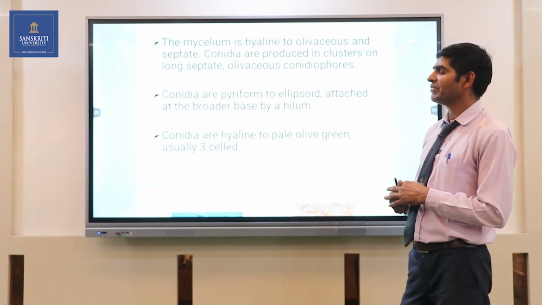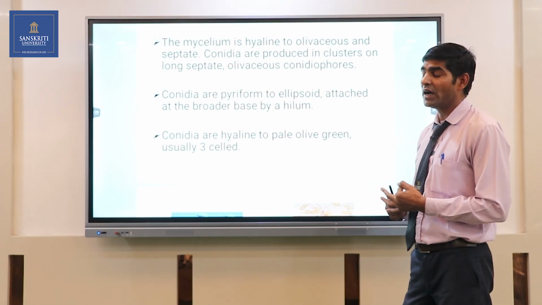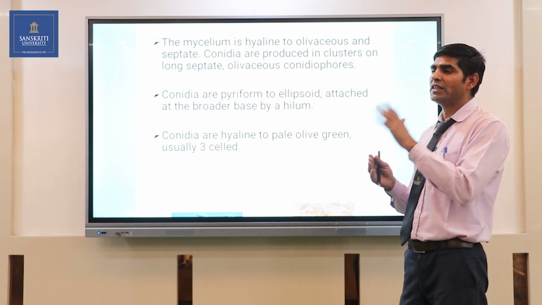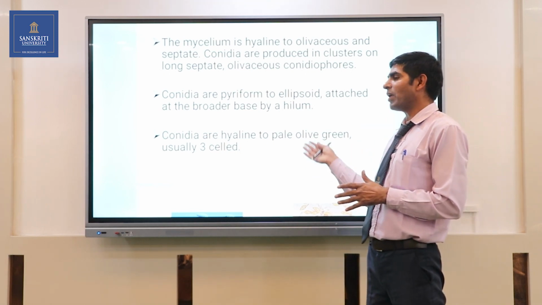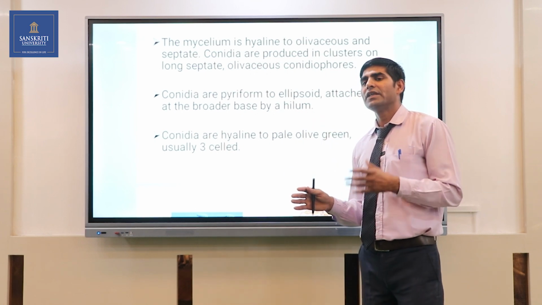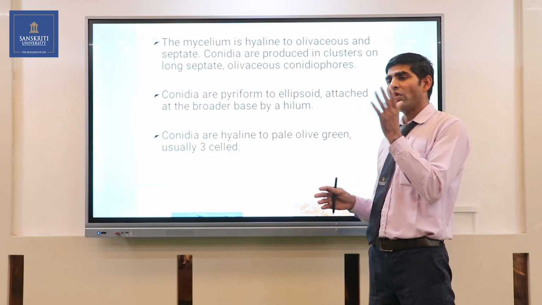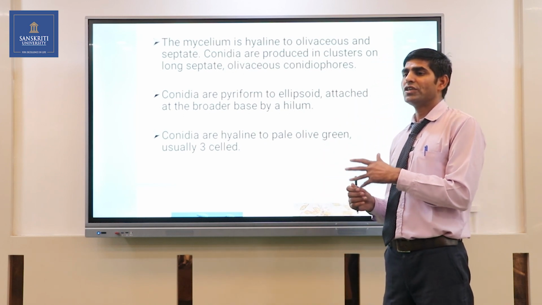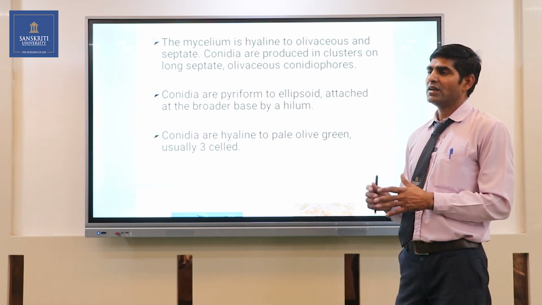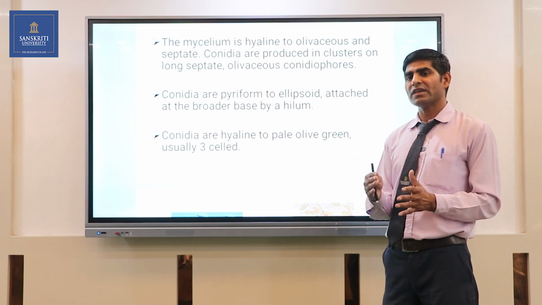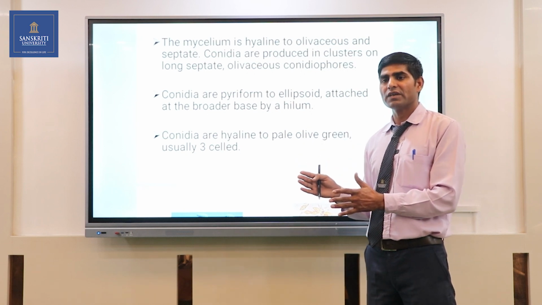And secondary infection generally takes place from the infected plant to the healthy plant. Ultimately the plant gets infected, and then the airborne conidia land on a healthy plant. So this is called secondary infection. It is very clear what the primary infection is and what the secondary infection is.